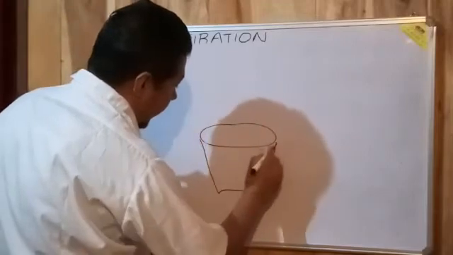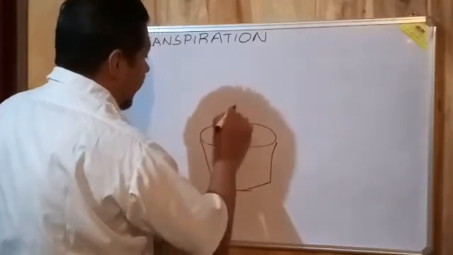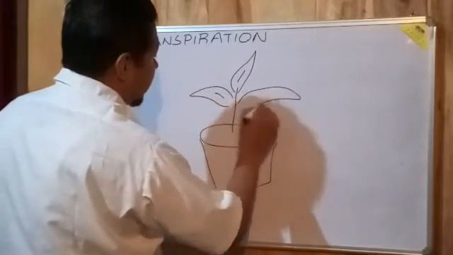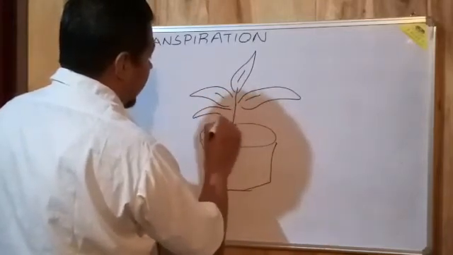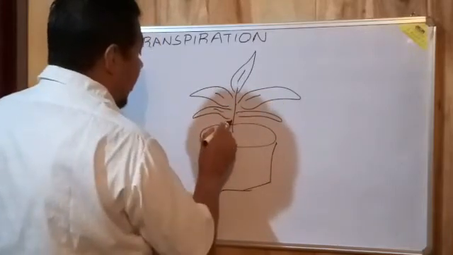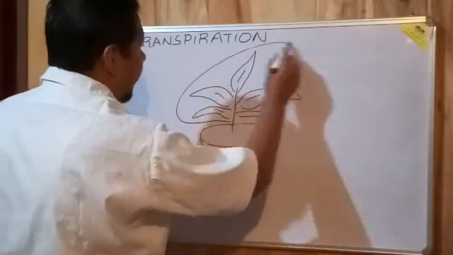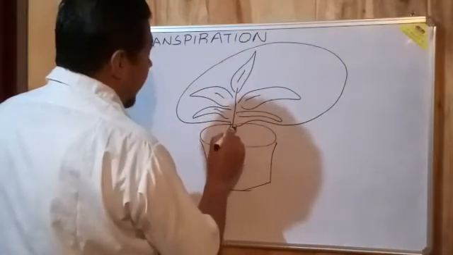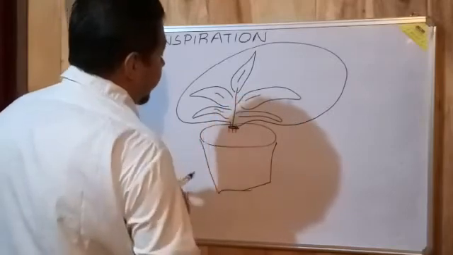A healthy potted plant with large leaves as far as possible. Then we cover that potted plant with a plastic bag, and at the end here we tie it with a rubber band.